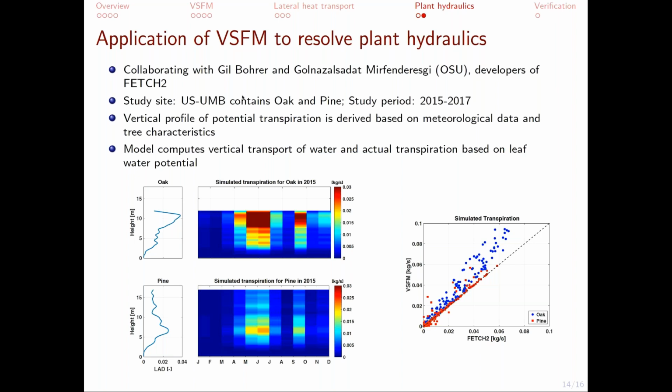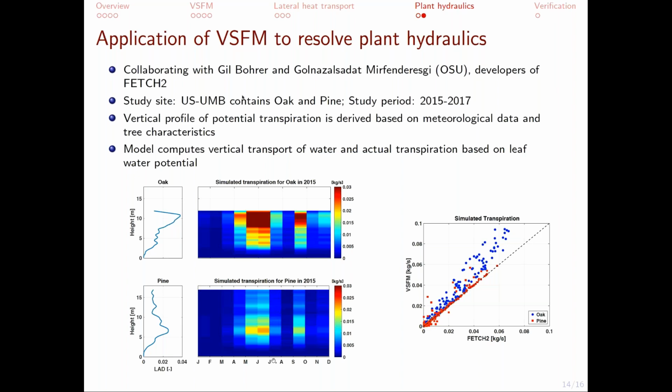As a pre-processing step, we generate vertical profiles of transpiration and then let the model compute the actual transpiration based on the leaf water potential. The panels on the left show a leaf area density vertical profile of oak and pines, and then we have some time series of simulated transpiration.